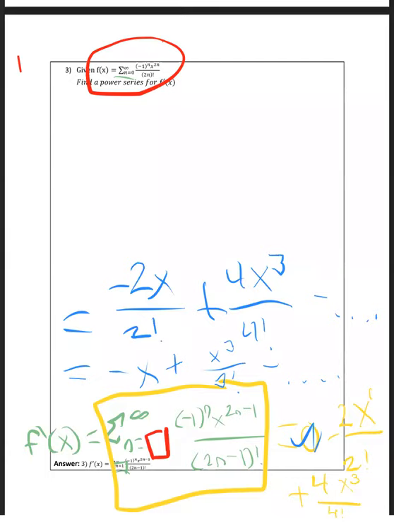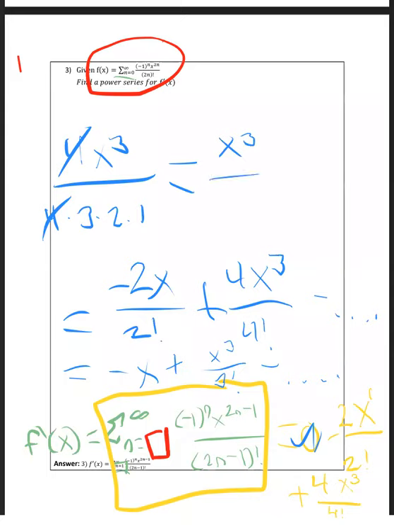You understand how that works, right? Well, I don't understand how you go from 4 factorial to 3 factorial. Well, look, 4x cubed. 4 factorial is 4 times 3 times 2 times 1. Oh, okay. Does that make sense? Yeah. Okay.